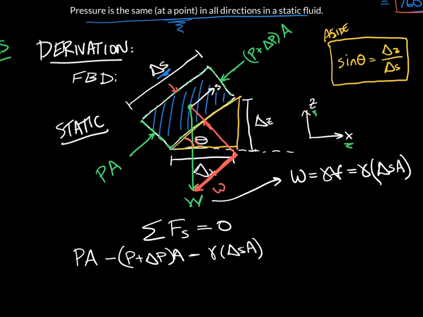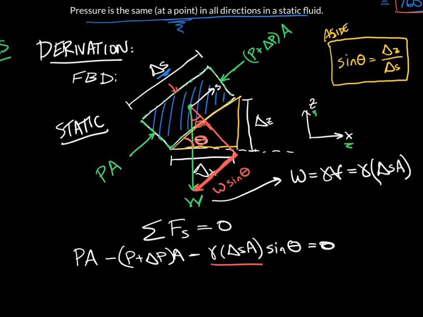If this is theta, then this is also theta. So W times the sine of theta. Basically we take our weight, W, and multiply it by the sine of theta.